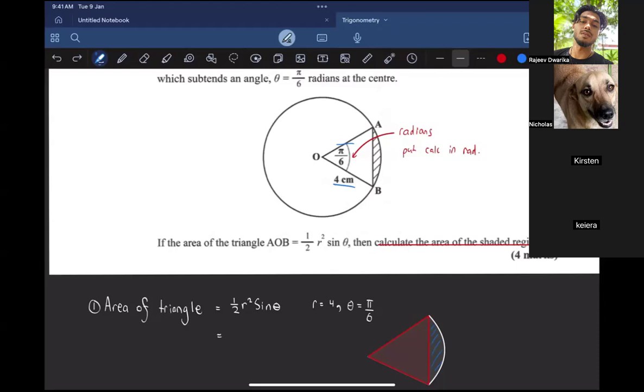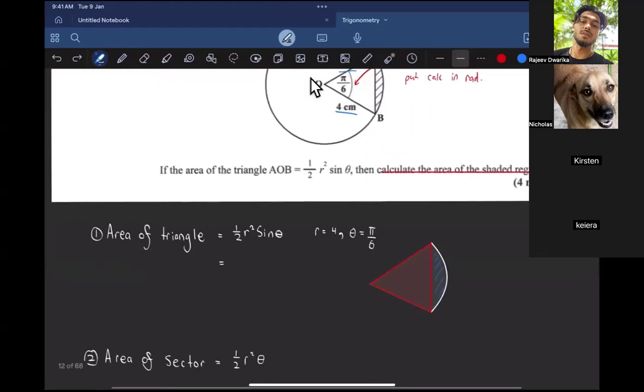Kirsten, just remind me, pi is equal to how many degrees? Okay, I see you typed in the chat: 180. Right. So if pi is 180, then pi over 6, which is 180 over 6, would be how many degrees? 30, right.